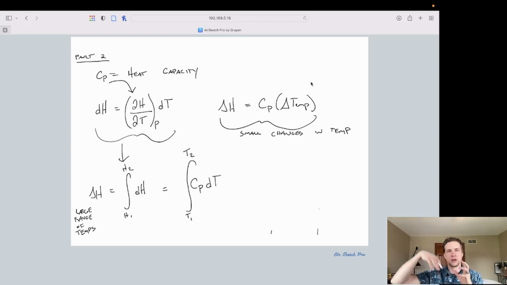As the flame starts at one temperature and ends at another, how have the compounds changed in enthalpy based off of this integration? This is our solution, the equation derived to help us understand how hot the flame is going to be.